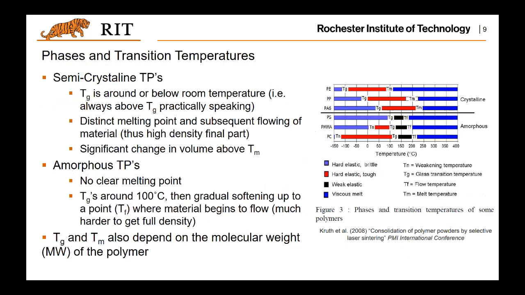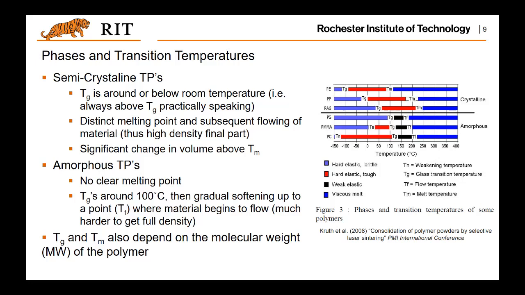So if we talk about the thermoplastic, there will be some discussion on its phase and transition temperatures. For the semi-crystalline thermoplastic, the glass transition temperature is around or below room temperature, right?